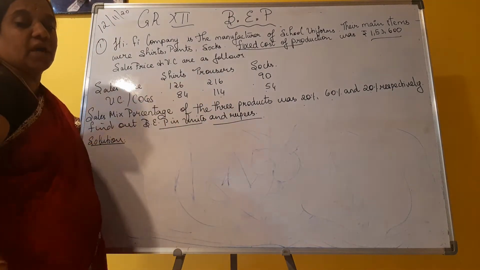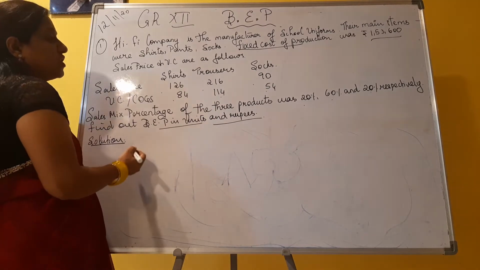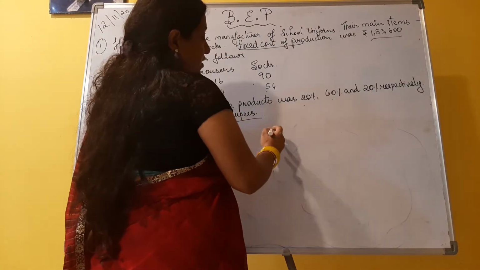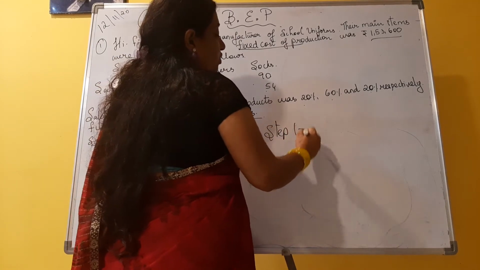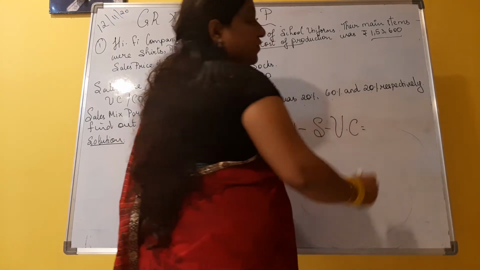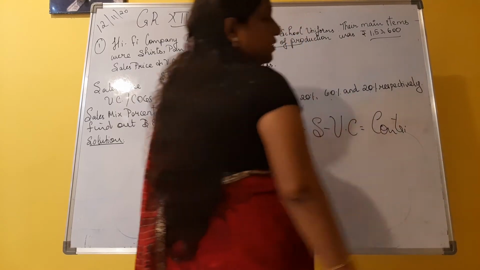So let's start. How to do the BEP? What is the pro forma? What is the formula? I will explain the formula here, children. To find the BEP, step 1, what will you do? You will do sales minus variable cost. What will you arrive at? You arrive at contribution. Right?